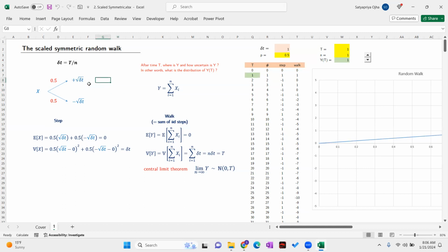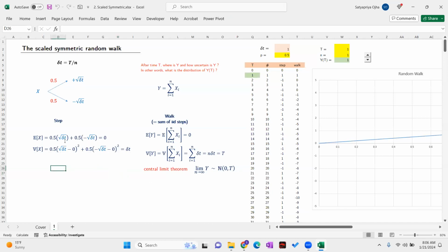I know how we got there: it is just one of the choices which helps us have a very desirable distribution. I'll show you, I'm coming to that. First let's go ahead with the basic mathematics. Did you understand that the expectation of the step is 0 and the variance is delta t? Simple, same equations, just replace square root of delta t in place of +1, -1. I hope this is clear.